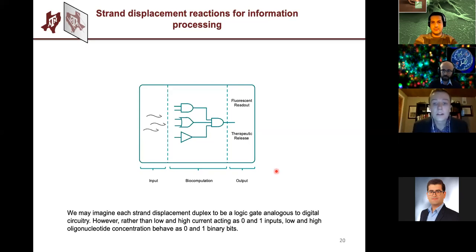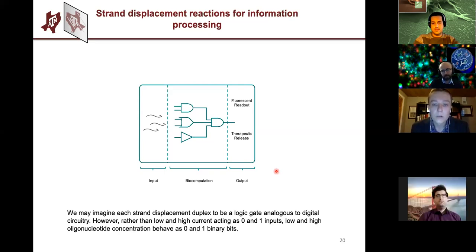And obviously there are vast implications for this, given that your genetic profile and genetic expression is all based on transient oligonucleotide species, mRNAs, microRNAs, any of these types of things, and even just the euchromatin, heterochromatin, like how densely compacted your chromosomal DNA is. And because these strand displacements work based on sequence complementarity, it allows you to directly interface engineered logic circuits with living organisms or living cells.